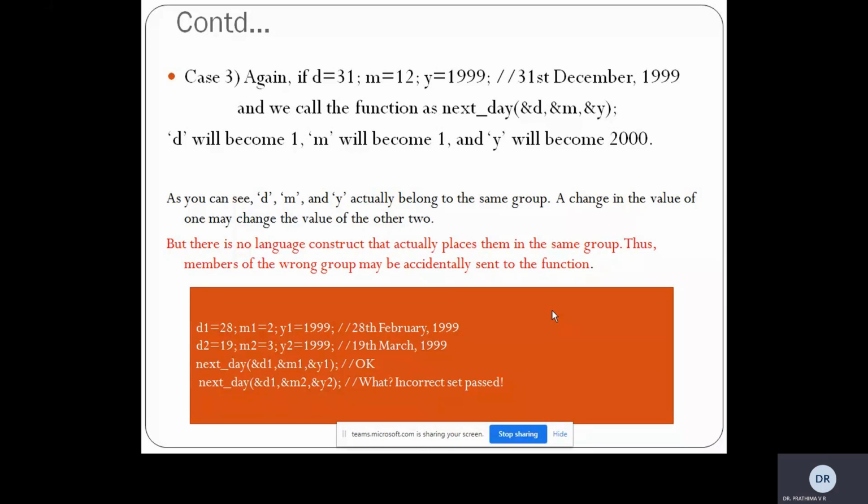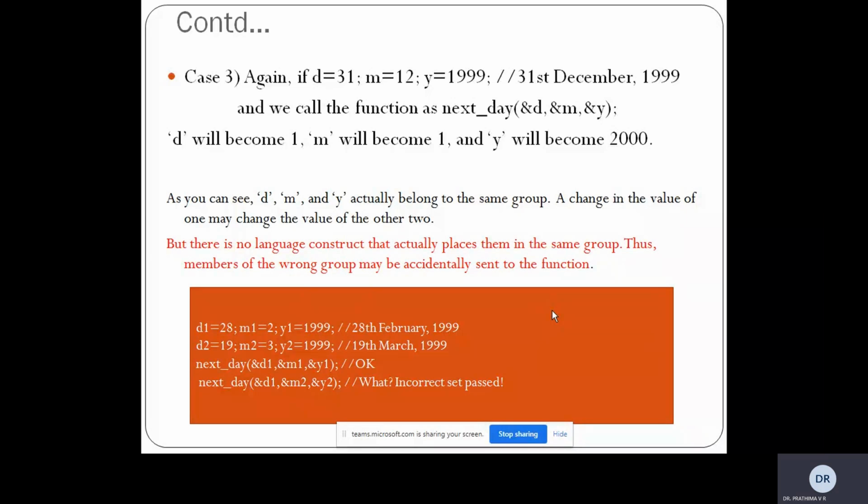Similarly, I take the next variables as d2, m2, y2, setting the appropriate conditions as 19th March 1999. And if I would like to make a call with a prototype, let me call next_day, passing the variables d1, m1, and y1. That's a perfect declaration, the syntax is right.